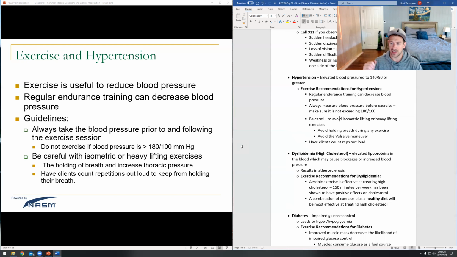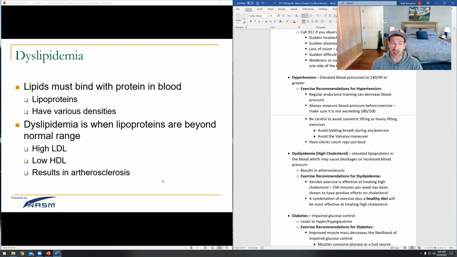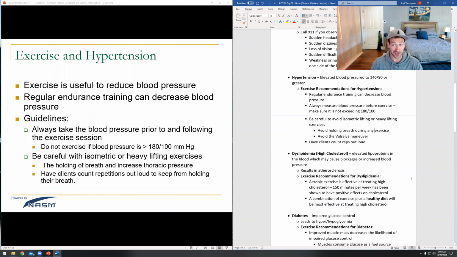And we don't want to do kinds of things that are going to isometrically pull blood to one particular area of the body. So avoid isometrics, avoid super heavy lifting, and avoid holding their breath. No Valsalva maneuvers for clients with hypertension. Again, we talked about it yesterday. I love the Valsalva maneuver. I think it's a super effective technique, but we don't want to do that with our hypertensive clients.